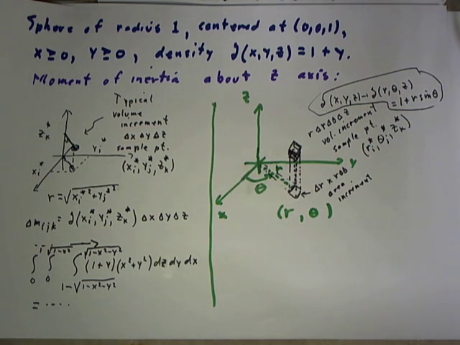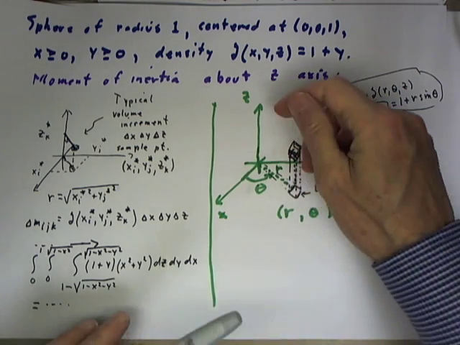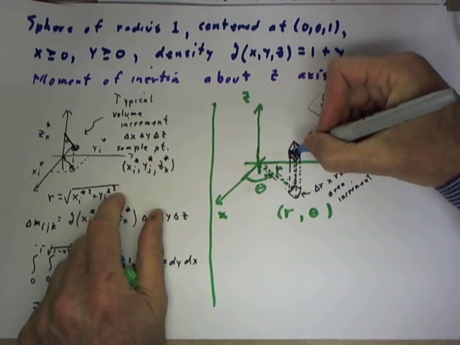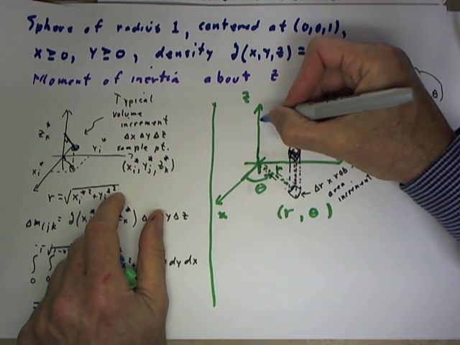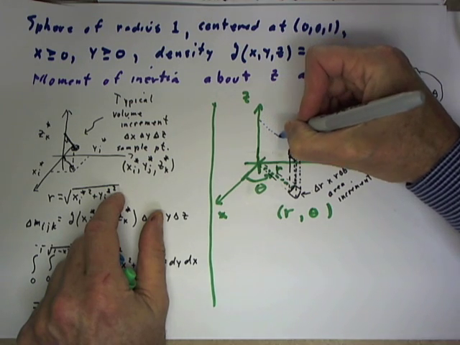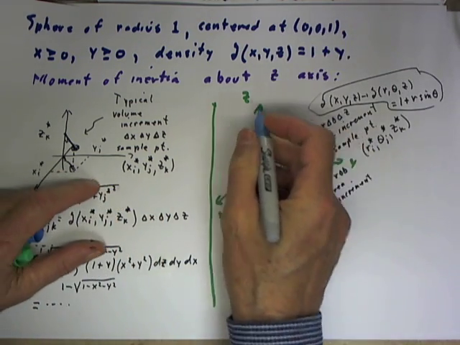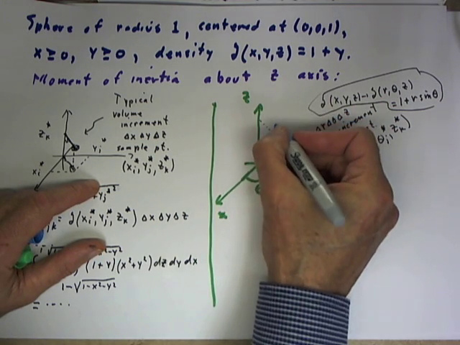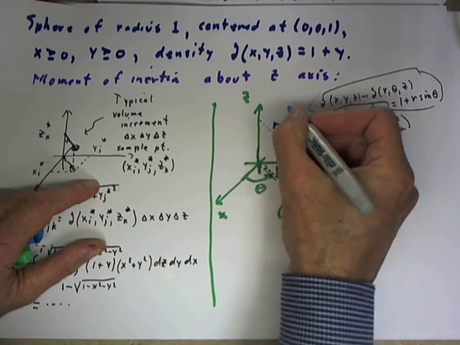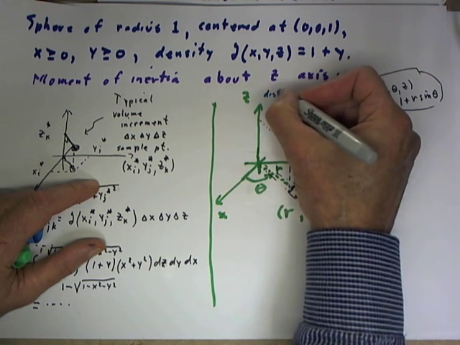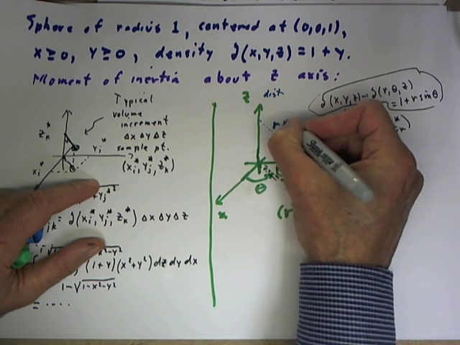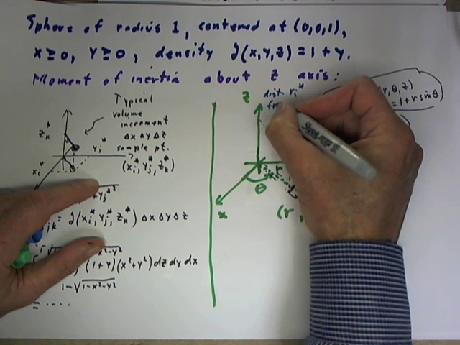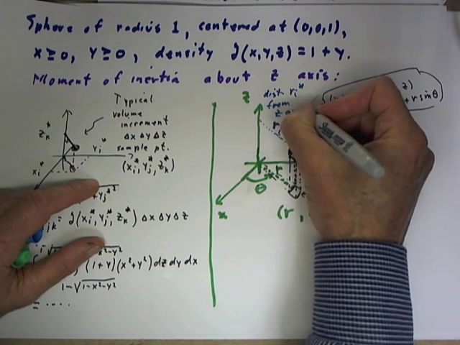If we want to calculate the moment of inertia, we just need the distance from the z-axis to our sample point, which is simply congruent to this segment here, which has a length r, and we'll call that ri star, from the z-axis.